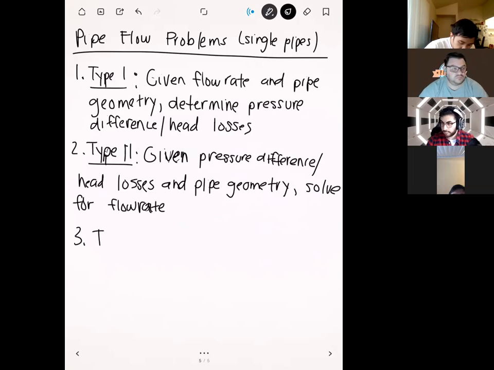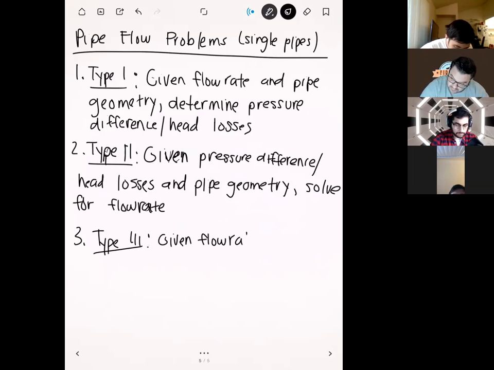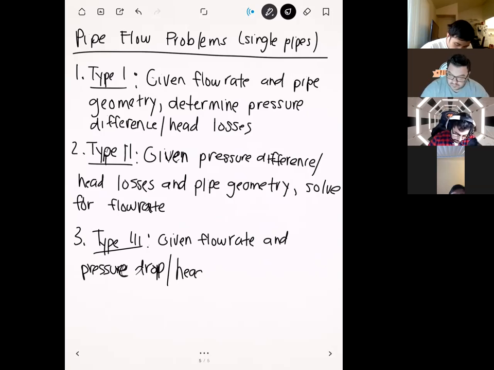And then type 3, we kind of mix this up a little bit more. In type 3, I give you the flow rate and the pressure drop. And our pressure drop is the same thing as head losses.